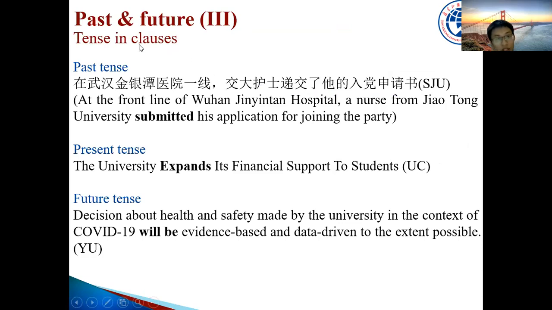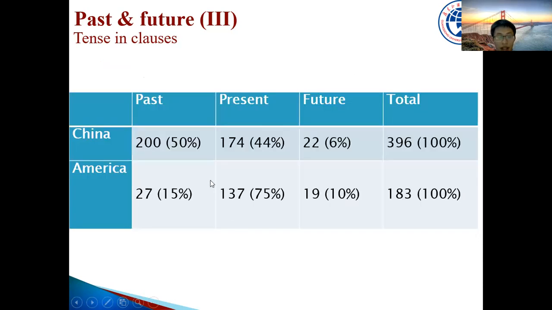And last, we'll focus on the past and future perspectives covered by the tenses in the corpora. We recorded the three tenses, past tense, present tense, and future tense. The examples are as follows. And the results are summarized in this table.